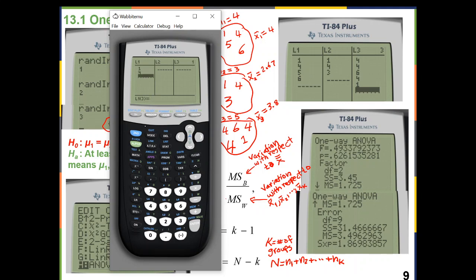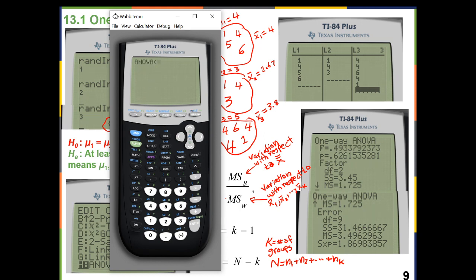L1 is 1, 4, 5. So you go to stat edit, you know that by now, right? And L2 is 1, 4, 3. And L3 is 4, 4, 6, another 4, and then 1. Okay, so we put the numbers in there, and then we do the ANOVA.